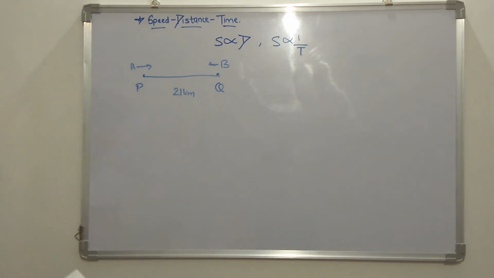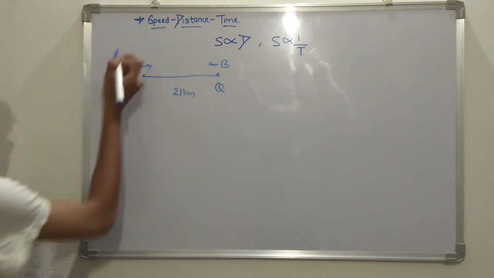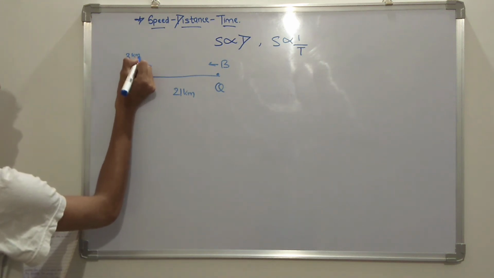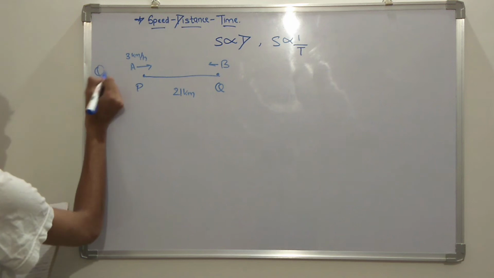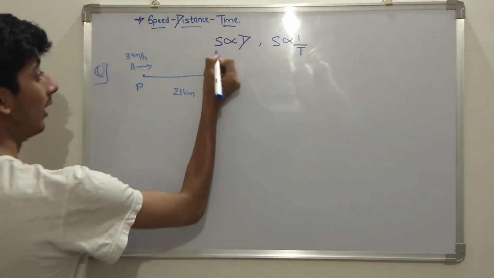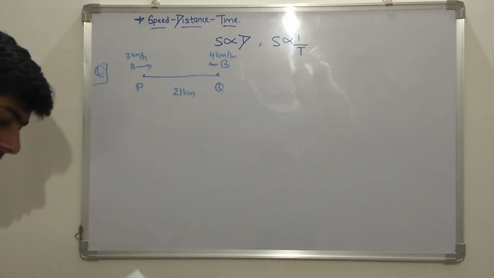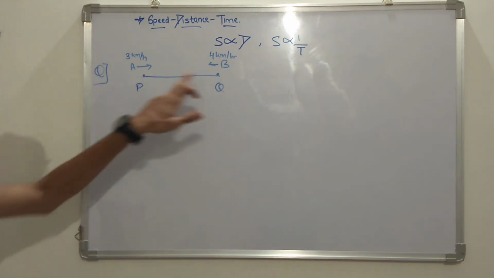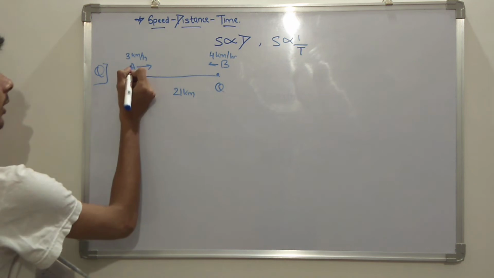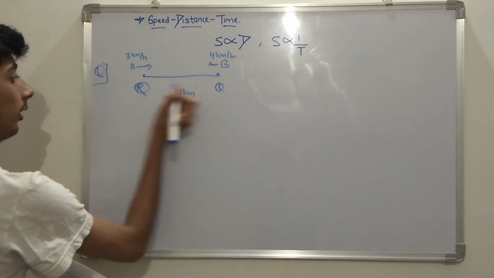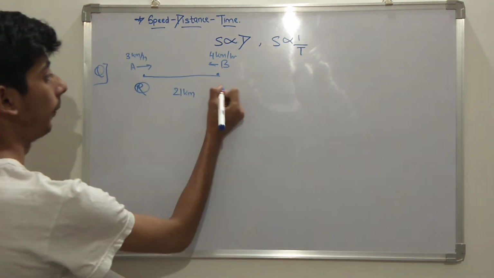Now, A walks at a speed of 3 kilometers per hour and B at 4 kilometers per hour. Now, if B reaches Q, then it would be like Q here, P here.